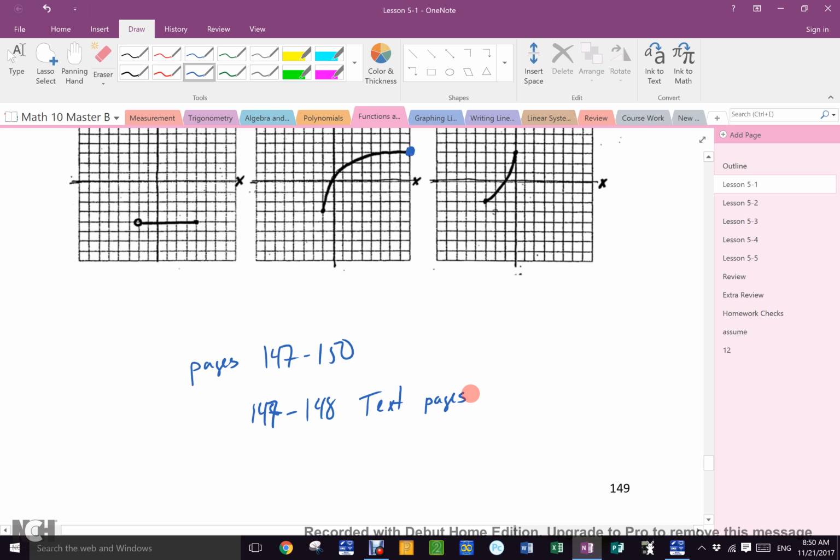Just make sure you do a few of each one. Make sure you know what you're doing, right? And 149 to 150, you want to do all of them. Everybody cool? And for 149 to 150, you're doing domain, range. Oh, and you might as well tell me domain, range, and if it's a function or a relation. Cool? Go. Now I'll stop the recording.